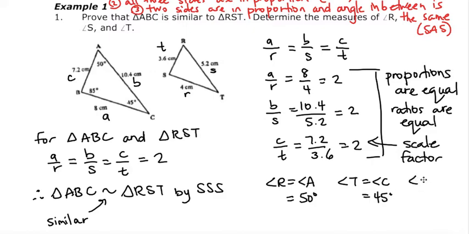And lastly, angle S has to be the same as angle B, and angle B is 85 degrees. So those are the three measurements or degrees for those angles. So not only have I proved that these triangles are similar by using my proof, side, side, side, but I also now can determine what the measurements are for each of those missing angles in my smaller triangle. Let's do a couple more examples.